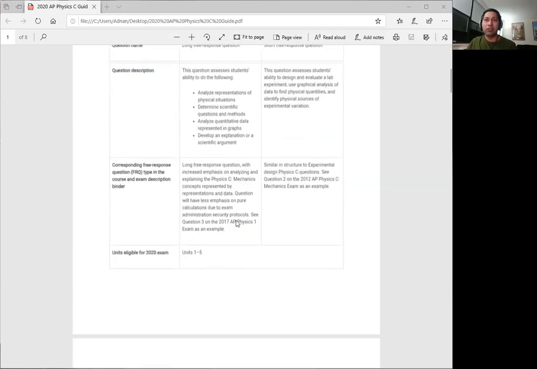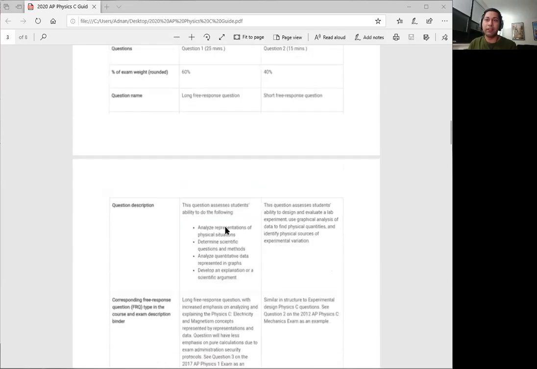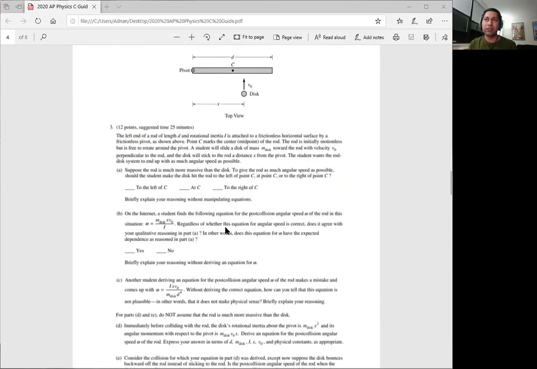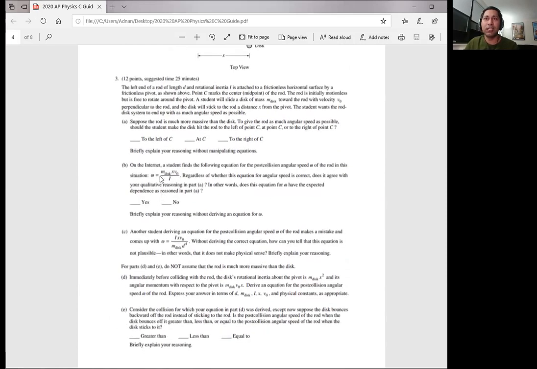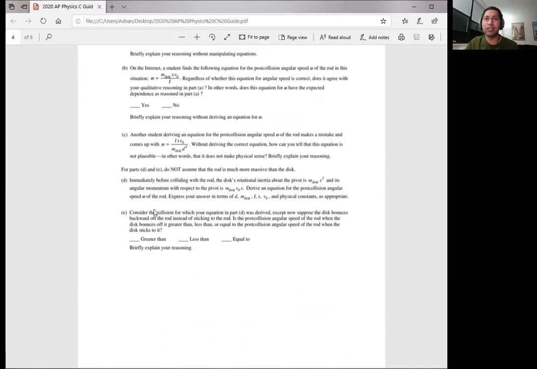And they told us to look at this example, and I wrote it right here for you. So this is the first type of question that you'll see. They don't have one in APC for this, so we got it from AP1. If you look at it, let me see, I'll look at it with you. We can see that all these questions are asking us to explain. So there isn't much derivation here.